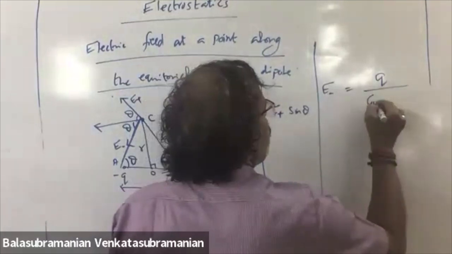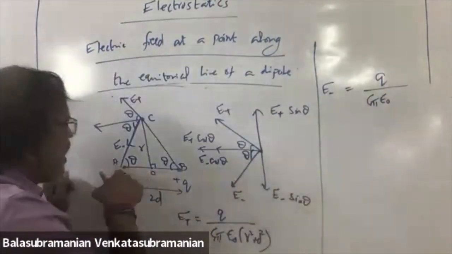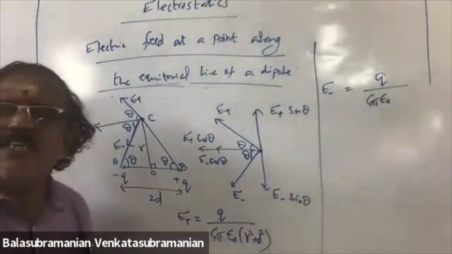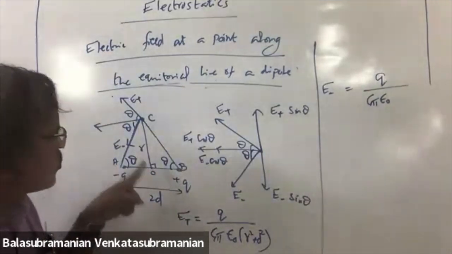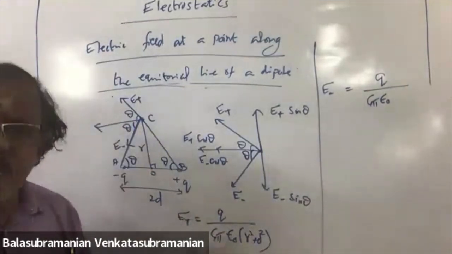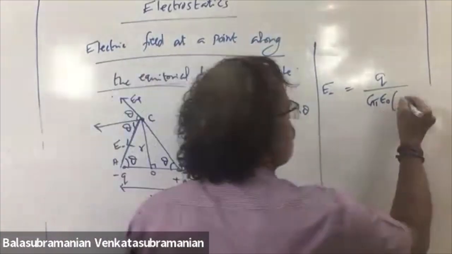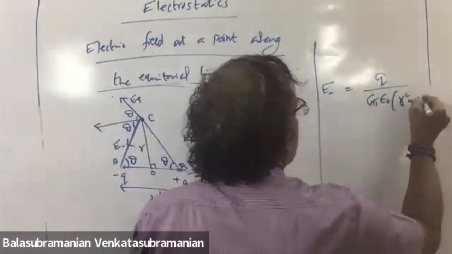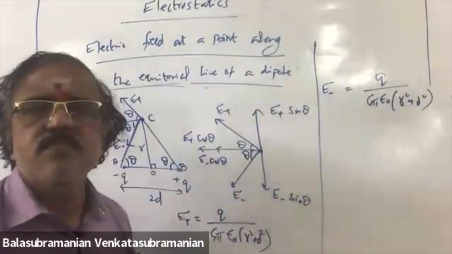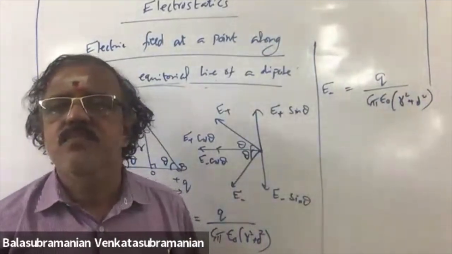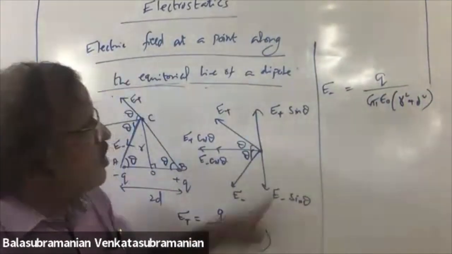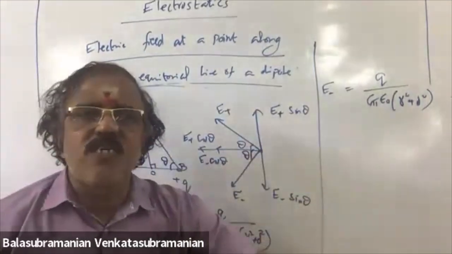Q by 4 pi epsilon naught AC square. What is AC square? AO square plus OC square. Same, R square plus D square. So E plus value and E minus value magnitude is the same.